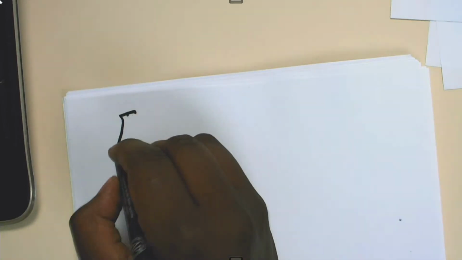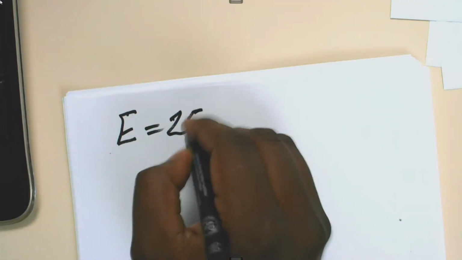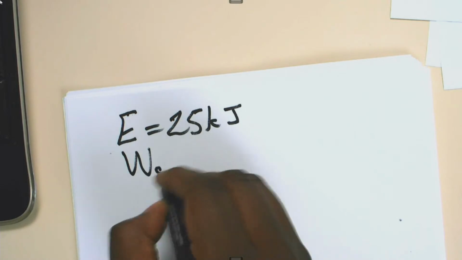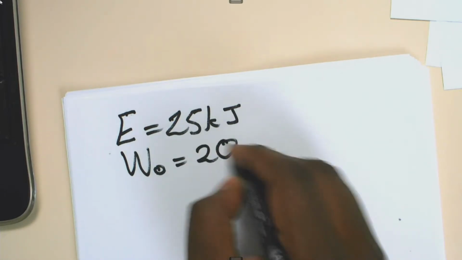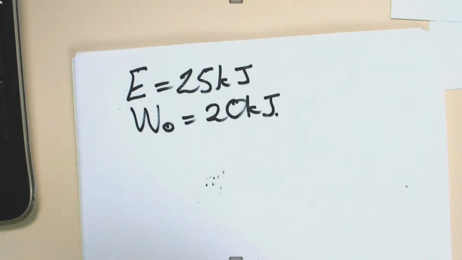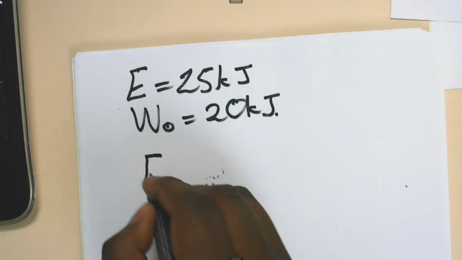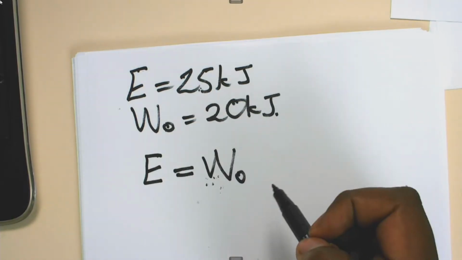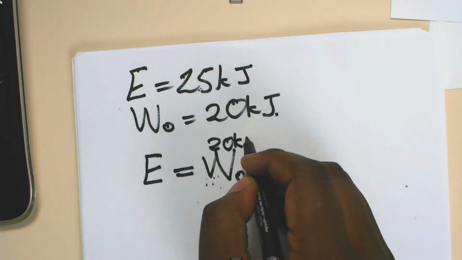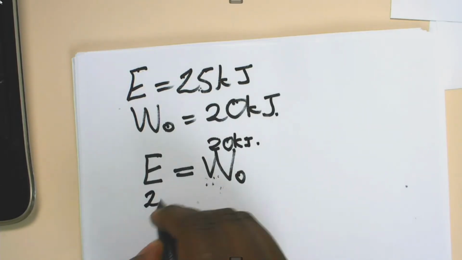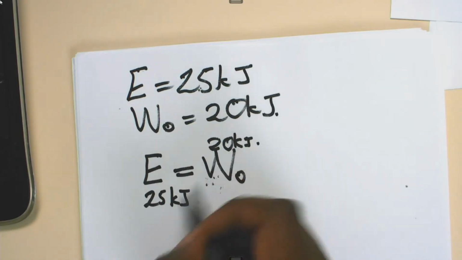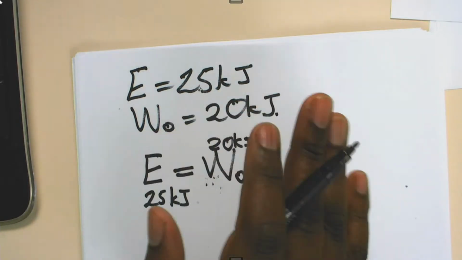So we will then have energy of the photon being 25 kilojoules, and then we have work function being equal to 20 kilojoules. What then happens is the electron will use 20 kilojoules out of 25, because here we have 25 with the electron, and the electron will use 20 of that 25 just to be released from the surface of the metal.